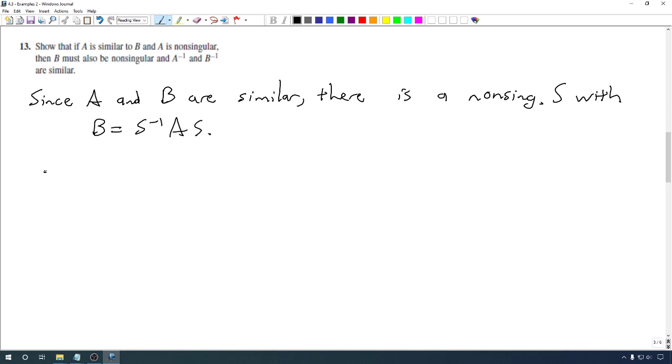Now, once we know that A is non-singular, because that's part of our assumptions in this particular problem, what can we say about B in this case? Well, what's a way to actually find out if a matrix is non-singular? We can look at its determinant. So let's look at the determinant of B. That means we're taking the determinant of S inverse AS, and we might want to remind ourselves of a particular formula.